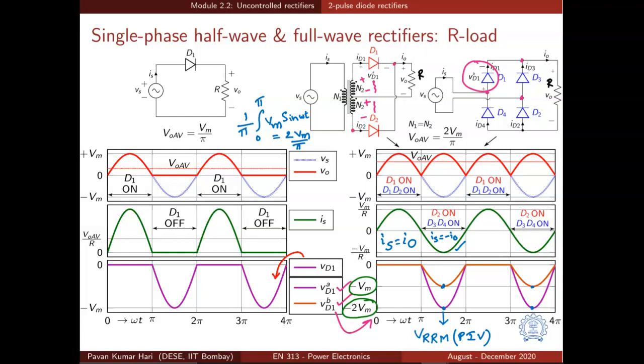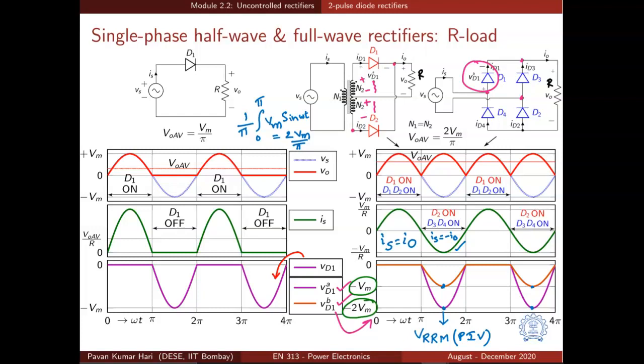For example, if you want to build a 5 volt DC supply, one would go for a center tapped 2 diode rectifier, because the typical diode drop of 0.5 volts or 0.8 volts is very significant when we compare with 5 volts. However, the circuit becomes bulky because of the transformer involved.